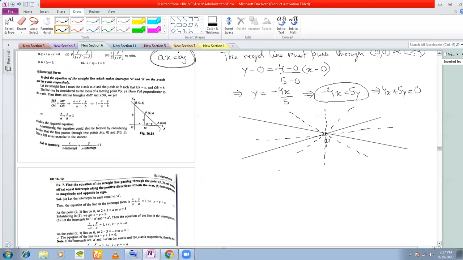You must note here the equation of a family of straight lines, that means all the dotted lines, a family of infinite number of lines.